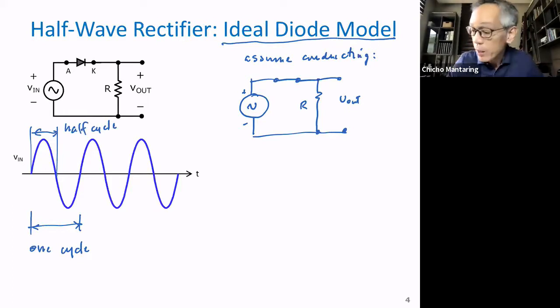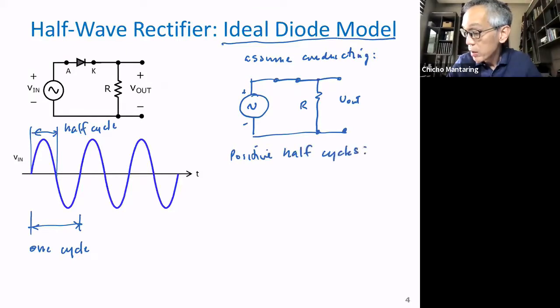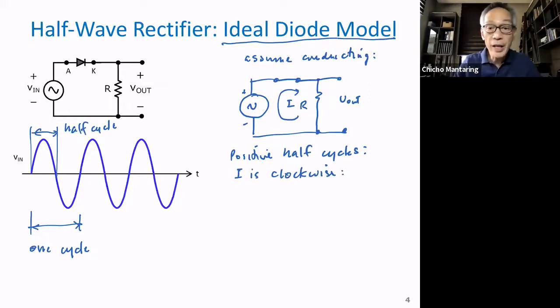So take note that during the positive half cycle, current tends to flow in the clockwise direction. So positive half cycles, I is clockwise. Meaning to say, current is flowing from the anode to the cathode.